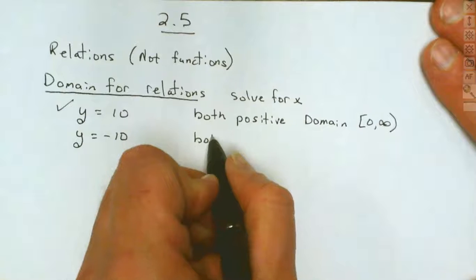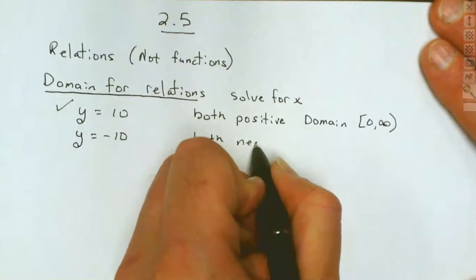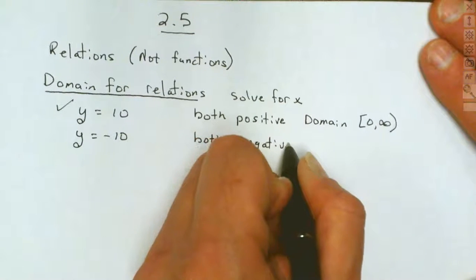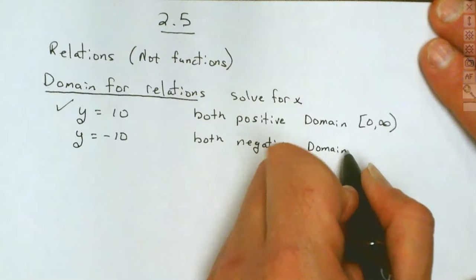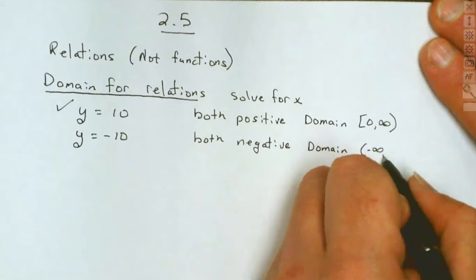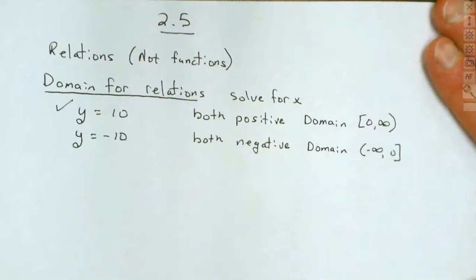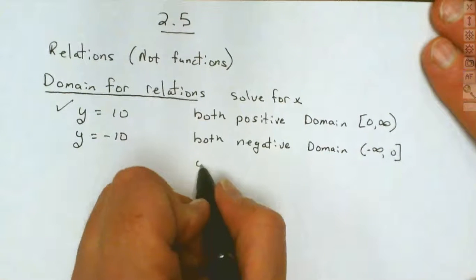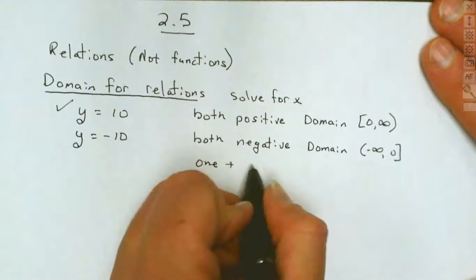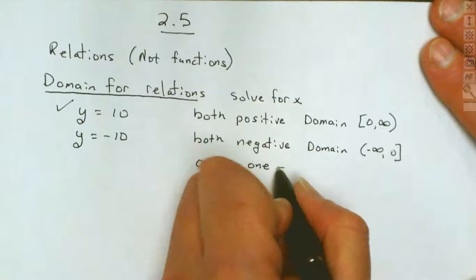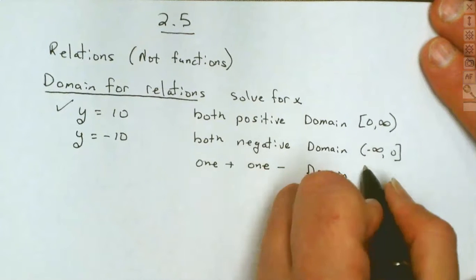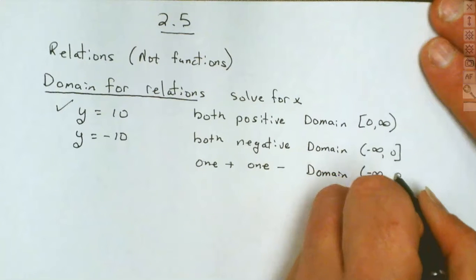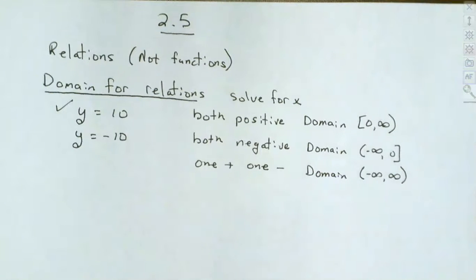If both are negative, then the domain will be negative infinity to 0. And if one of them is positive and one of them is negative, then the domain will be negative to positive infinity. So those are the three different outcomes that we have.